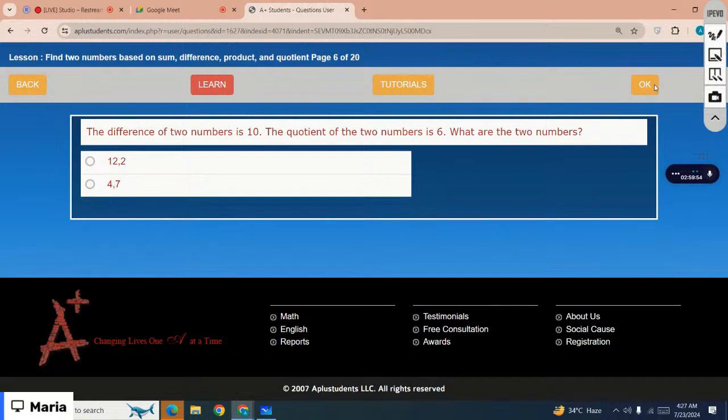Which is the correct option? That is option number 1. 12 and 2. 12 minus 2 is 10. And when you divide them, the answer is 6.